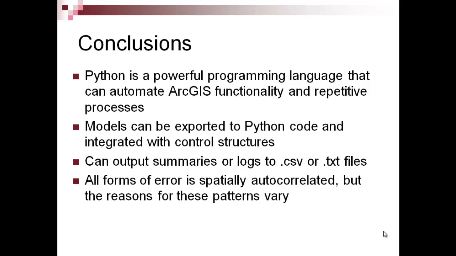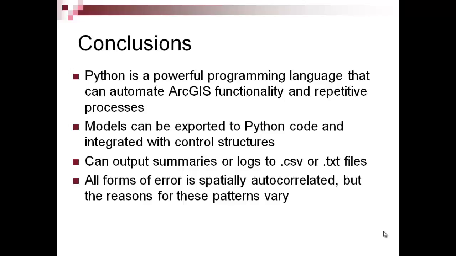But in conclusion, Python's a really powerful programming language, and we automated our GIS functionality like the near function and summarize with repetitive processes. We created models at first using near functions and summaries, and we exported those to Python codes, and basically we integrated our own control structure so we can do this for 100 databases at a single time. And then we can also output summaries or logs to CSV files.